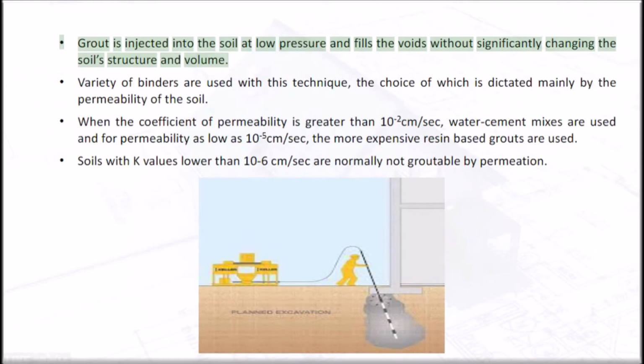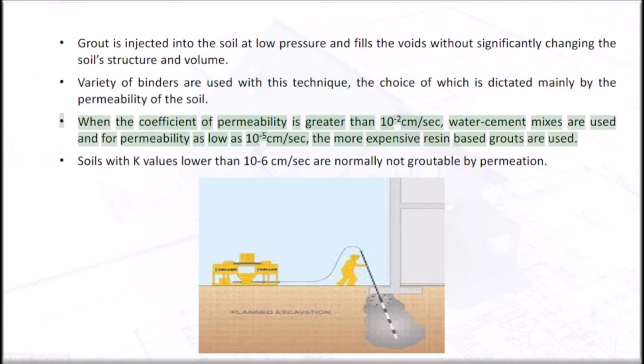Grout is injected into the soil at low pressure and fills the voids without significantly changing the soil's structure and volume. A variety of binders are used with this technique, the choice of which is dictated mainly by the permeability of the soil.